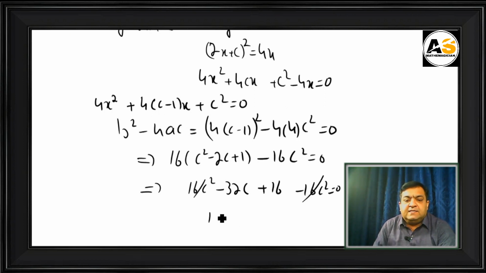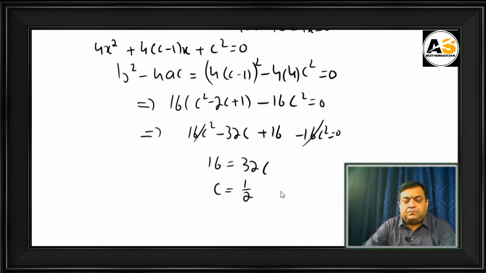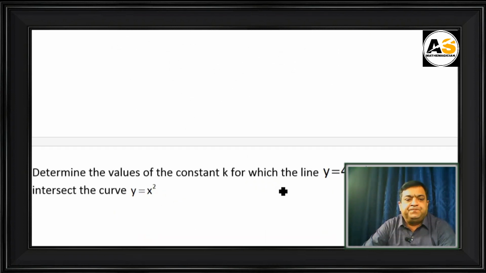We will get 16 is equal to 32c and c is equal to 1 over 2. So this is our value of c which was required. This was the first question.